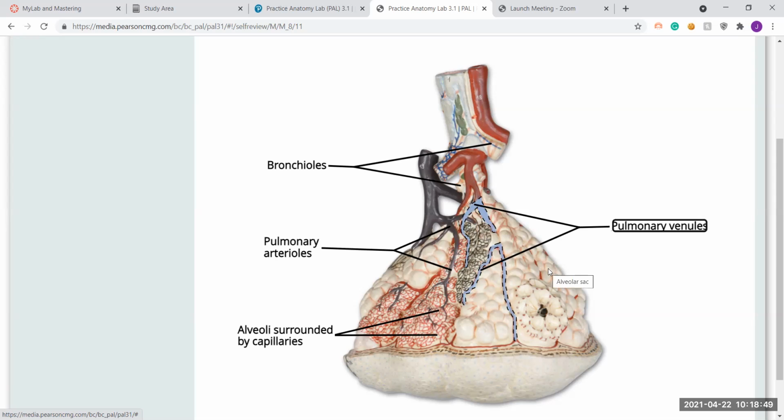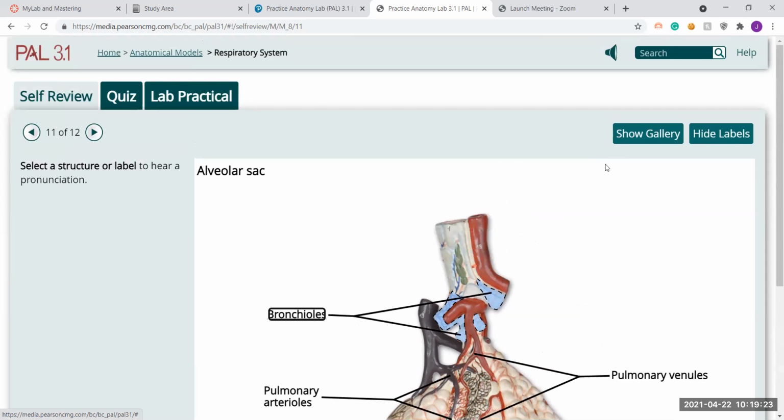And then the alveolar sac is surrounded by pulmonary arteries. You see pulmonary arteries coming, and these surround each alveolus. So alveoli are surrounded by capillaries. They exchange gases, and then these capillaries become pulmonary venules. You see? These pulmonary venules then carry oxygenated blood to your left atrium. And that's how the alveolar sac functions.